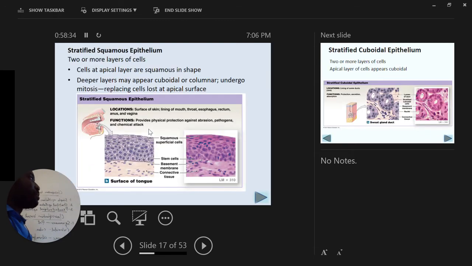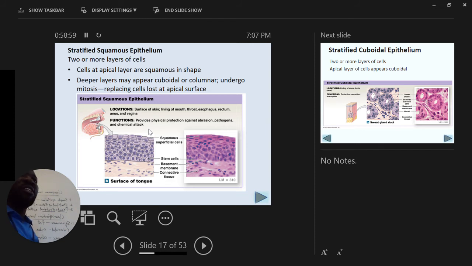All right, let's go. Now, this is stratified. Stratified means that it has more than one layer. Now, there's a key thing that helps in the naming. Everybody look at the screen. When we say stratified squamous, it doesn't mean that the whole of the cells are made up of squamous cells.